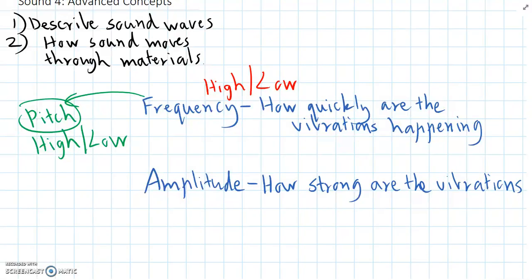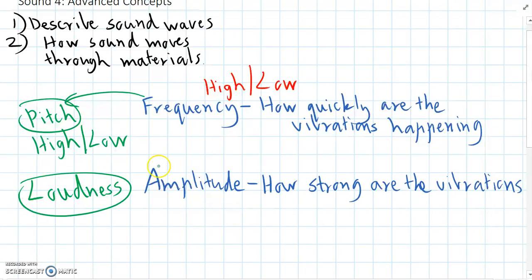If an object that's making sound is vibrating strongly, that means the sound will be loud. And on the other hand, if something is not vibrating strongly, that sound will be quiet. So loudness is caused by amplitude.